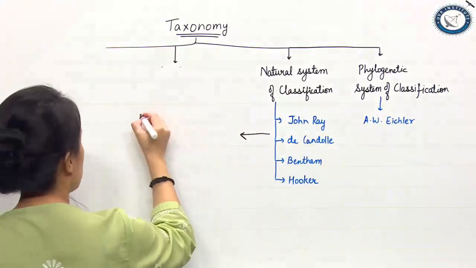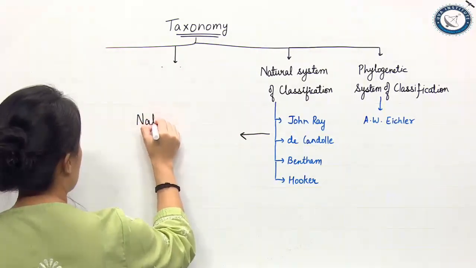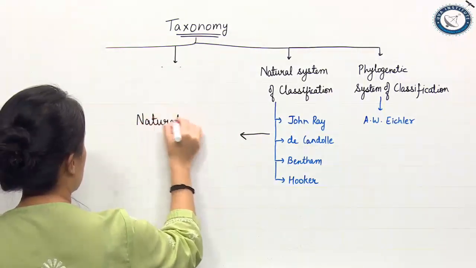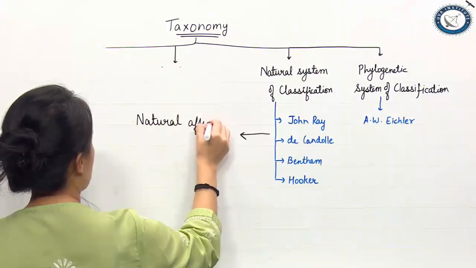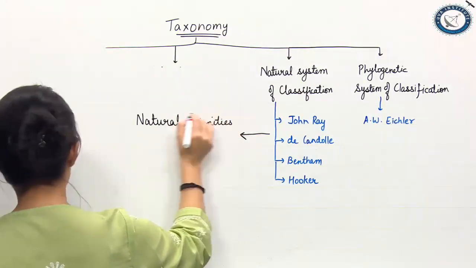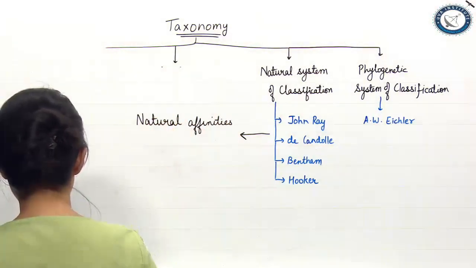Agreed, we say that it was natural system of classification. So the classification was based on natural affinities.